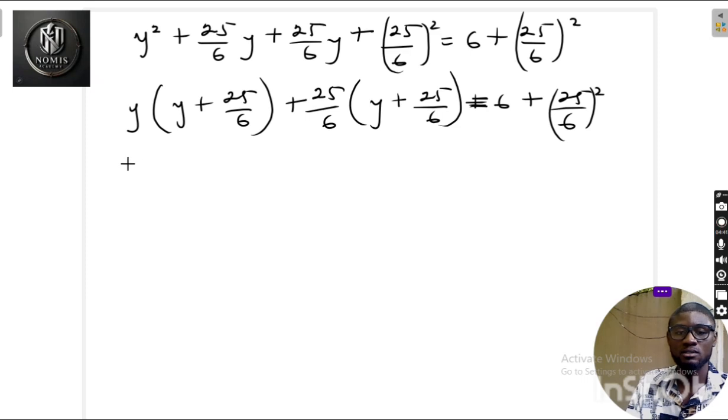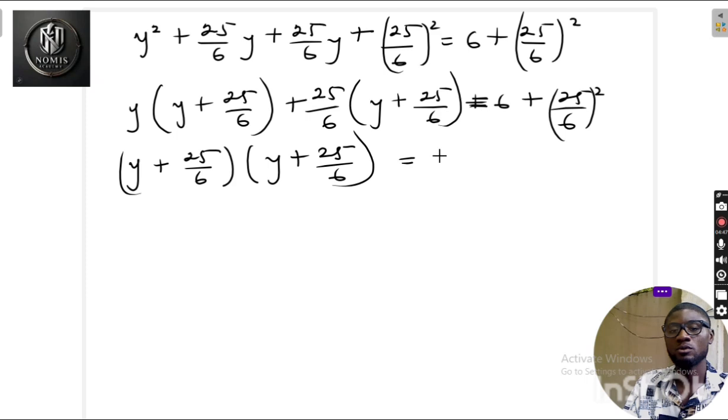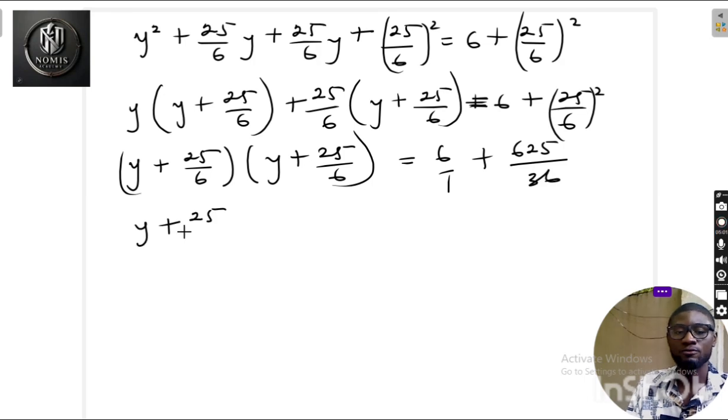So if I factorize this, I'll be left with y plus 25 over 6 multiply y plus 25 over 6, equal to 6 over 1 plus 25 multiplied by 25, that should be 625, all over 6 times 6 is 36. So I now have y plus 25 over 6 all squared equal to 6 over 1 plus 625 all over 36.